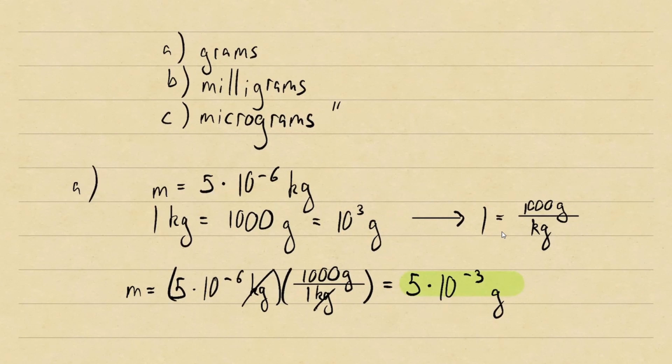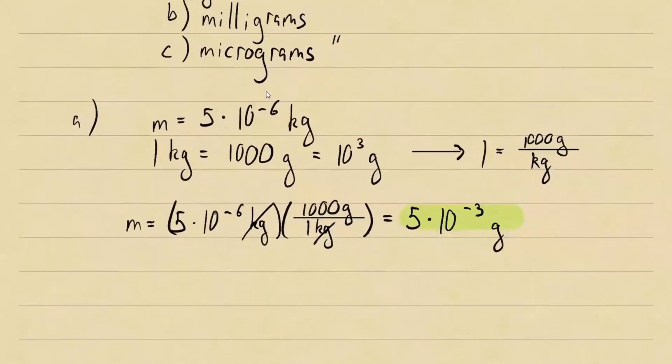So part B is asking for this mass, this 5 times 10 to the negative 6 kilograms, in units of micrograms, or excuse me, milligrams. So for part B, the unit conversion that we need is going to be that 1 kilogram has 10 to the 6 milligrams in it.